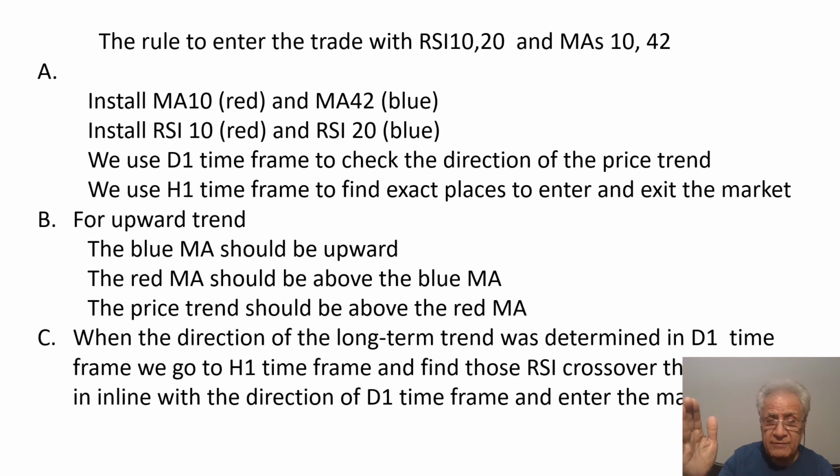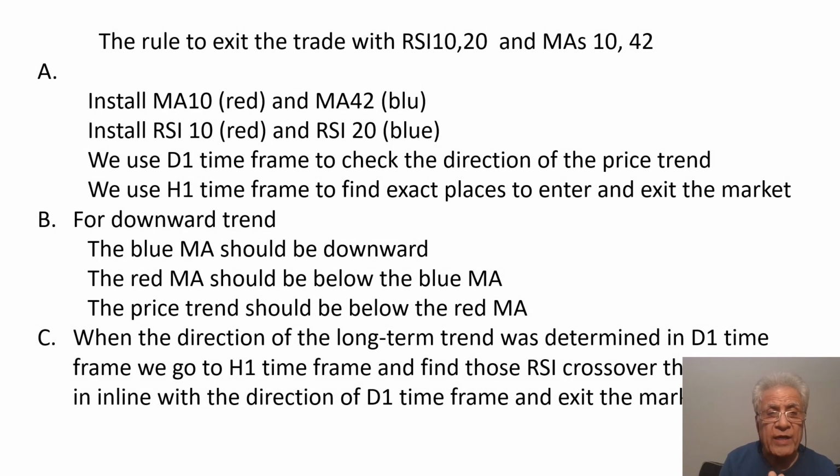For an upward trend, the blue MA should be upward, the red MA should be above the blue MA, and the price trend should be above the red MA. When the direction of the long-term trend is determined in the D1 time frame, we go to the H1 time frame and find those RSI crossovers that are in line with the direction of the D1 time frame and then enter the market.